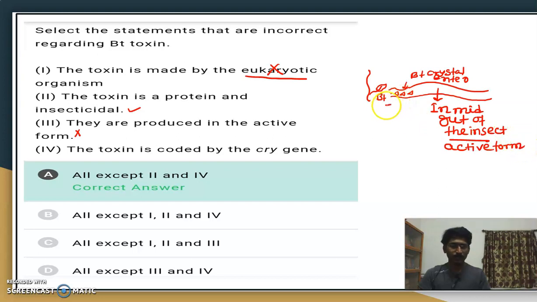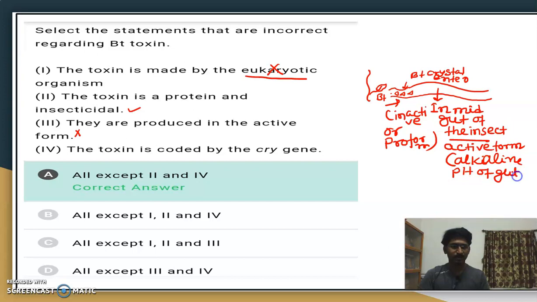So Bt toxin remains as inactive, or protoxin, and it is converted into active form in the midgut of the insect due to the alkaline pH of the gut. So it's produced in the pro form, and then converted into active form.